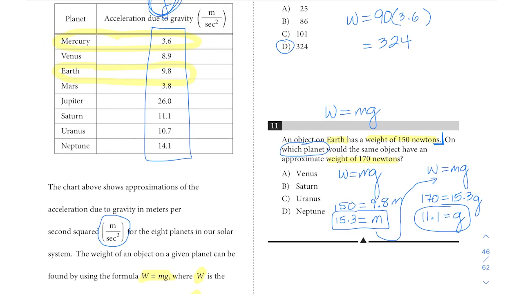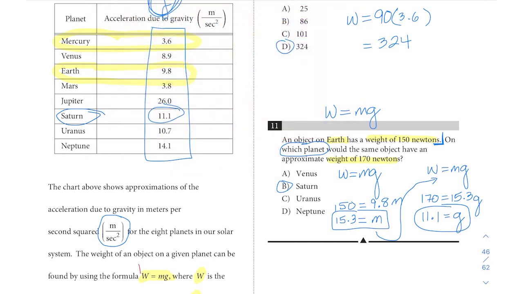And our answer choices just have the planet names, so we're going to have to reference our chart and see which of those planets has a value of g of 11.1. And if we look down our list, oh, there it is. That's Saturn. That's answer choice B for question 11, and we are good to go.